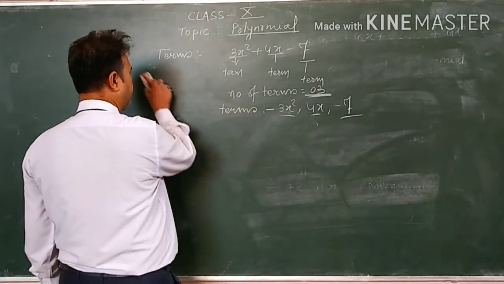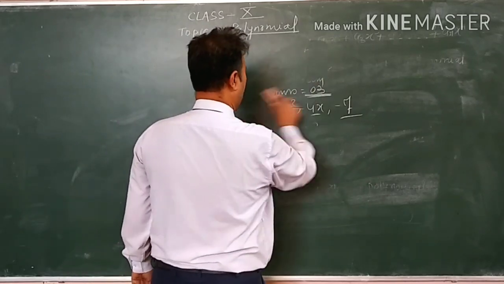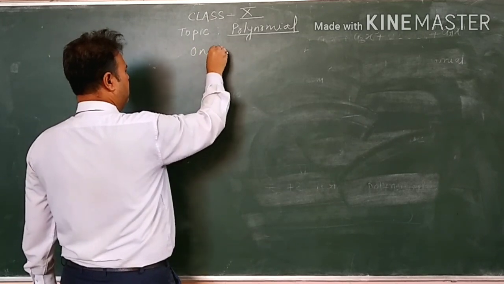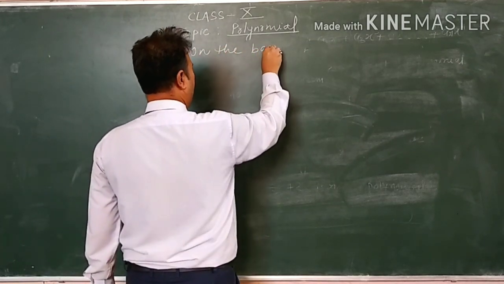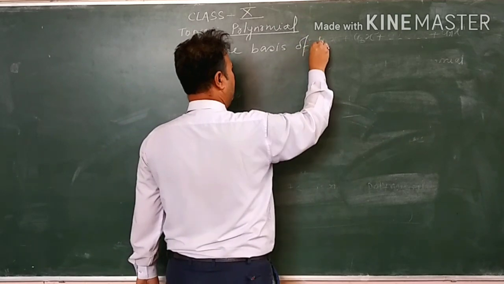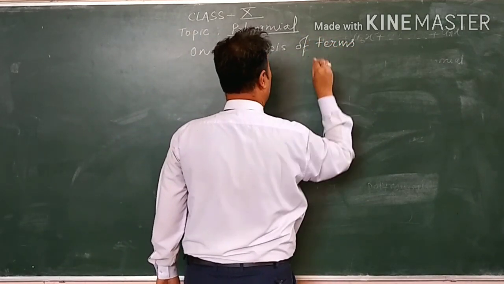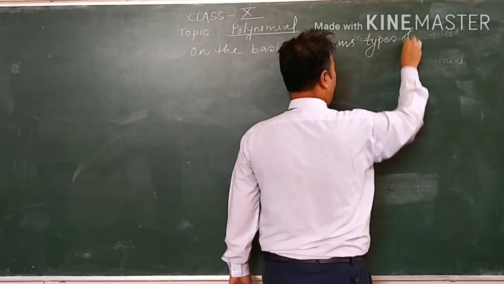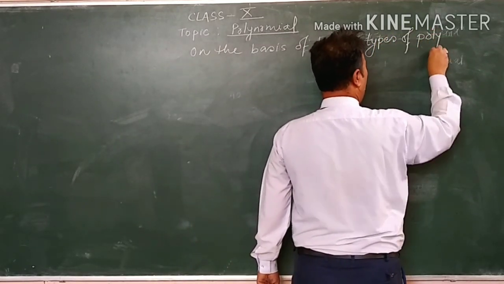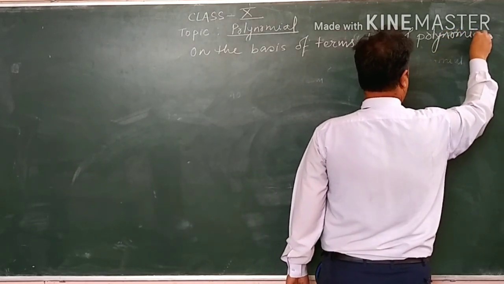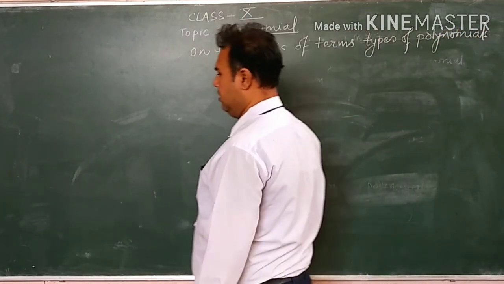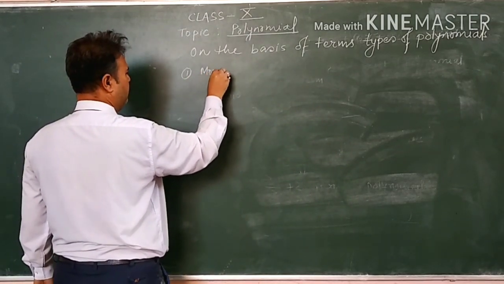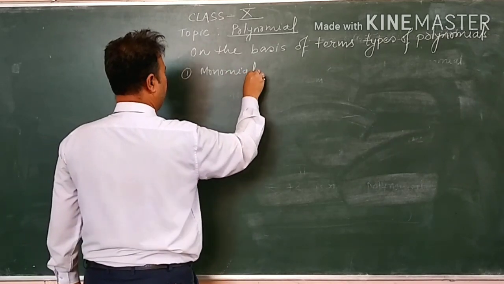On the basis of terms, the types of polynomials are: number one, monomial.